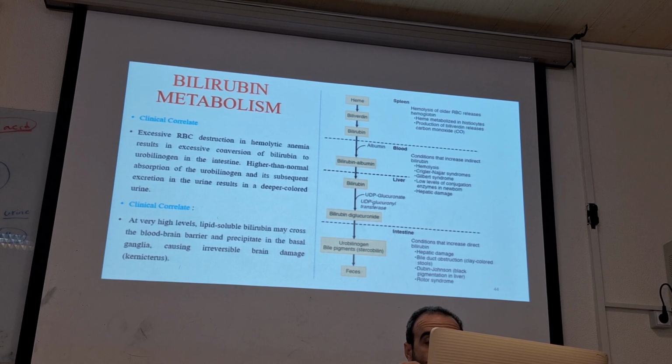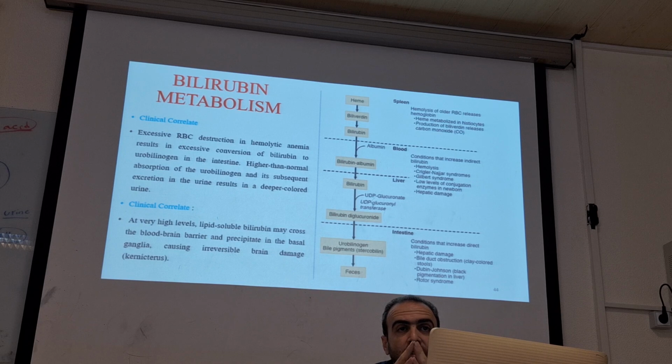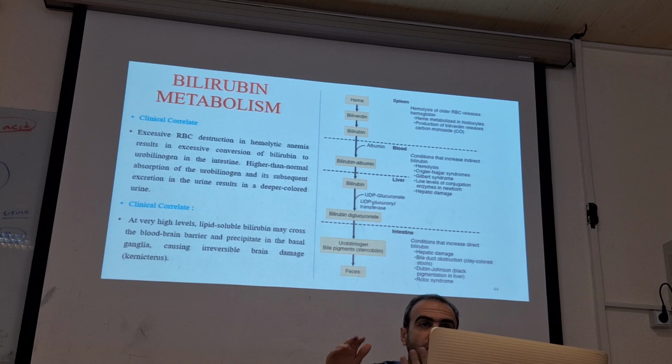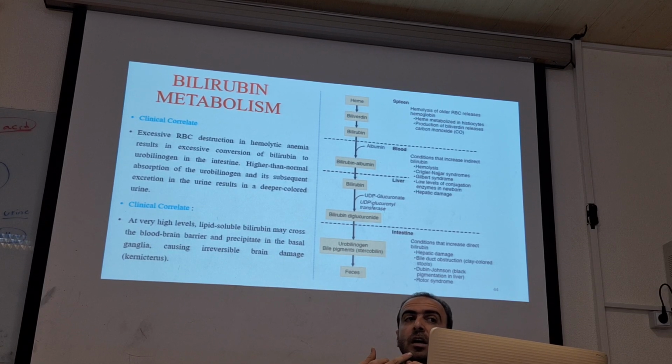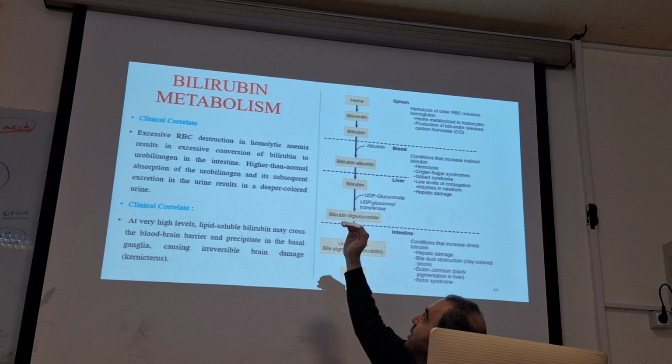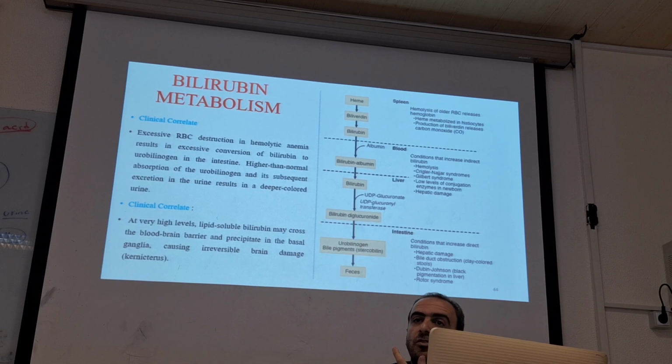So, we can divide heme metabolism into 3 parts: before the liver, inside the liver, and after the liver. We call them the prehepatic, hepatic, and post-hepatic parts. If we have a dysfunction in each part, it leads to jaundice.